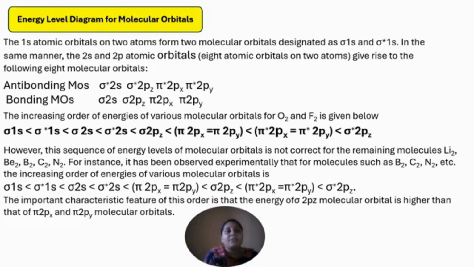This energy order is the same for lithium, beryllium, boron, carbon, nitrogen and so on, and it is experimentally found to be true for boron, carbon and nitrogen.